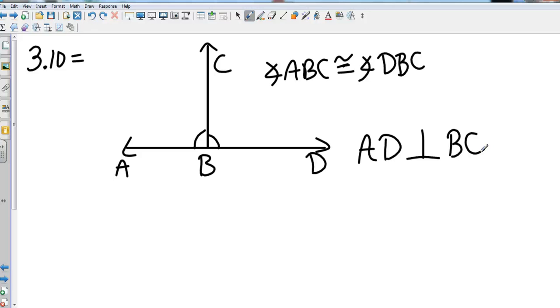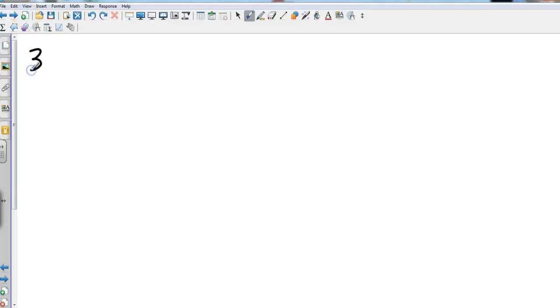Then we have 3.11. Okay, and 3.11 is the perpendicular transversal theorem.